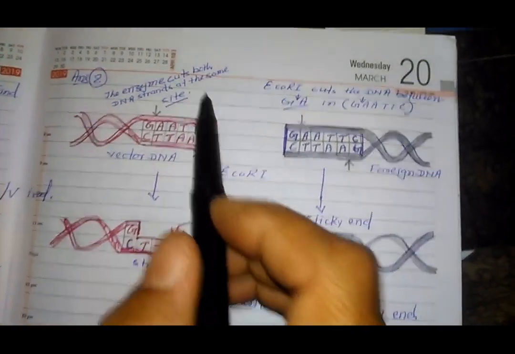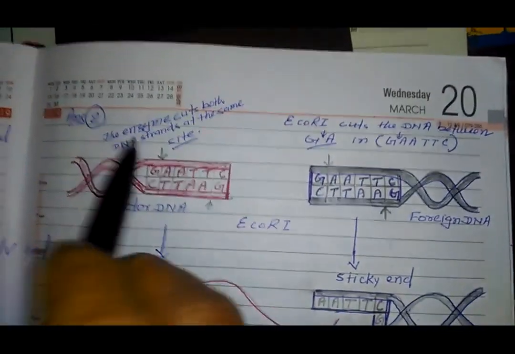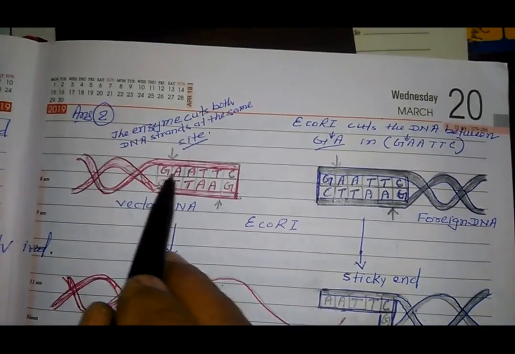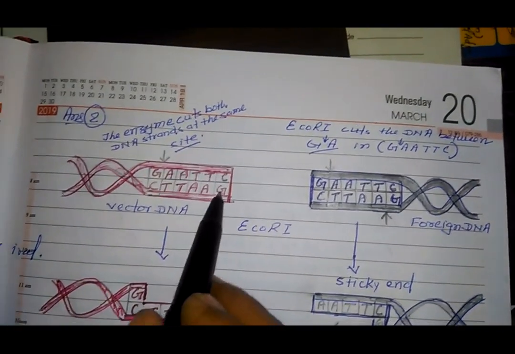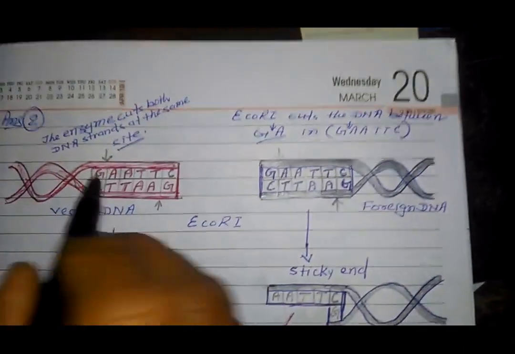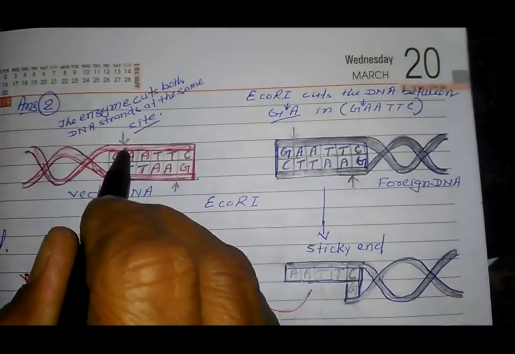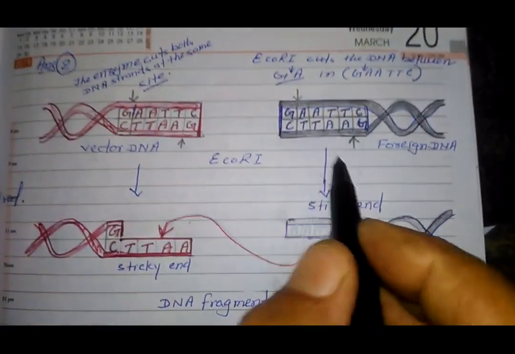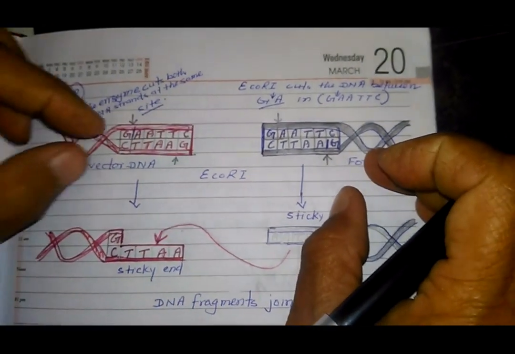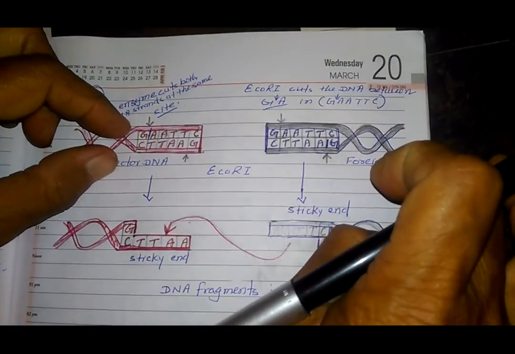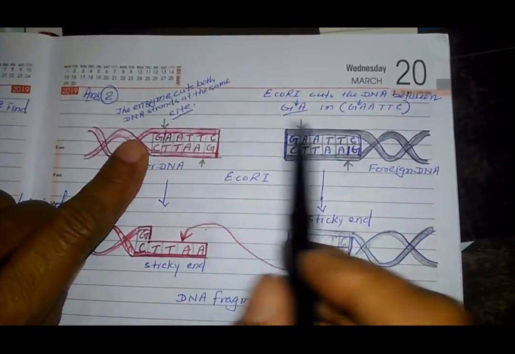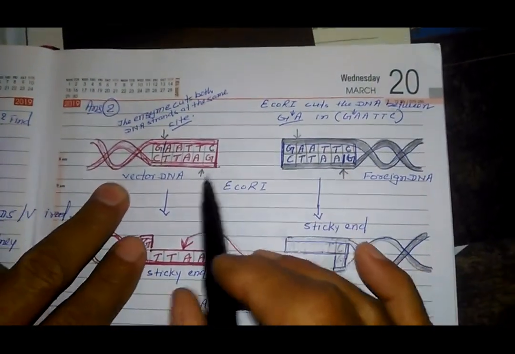The restriction enzyme EcoR1 recognizes the palindromic sequence GAATTC, again GAATTC. This enzyme EcoR1 recognizes the site and cuts between G and A in this one as well as in this one. These are the two strands, one from the vector, another from the foreign DNA, but the same restriction endonuclease cuts both the strands at their recognition site.